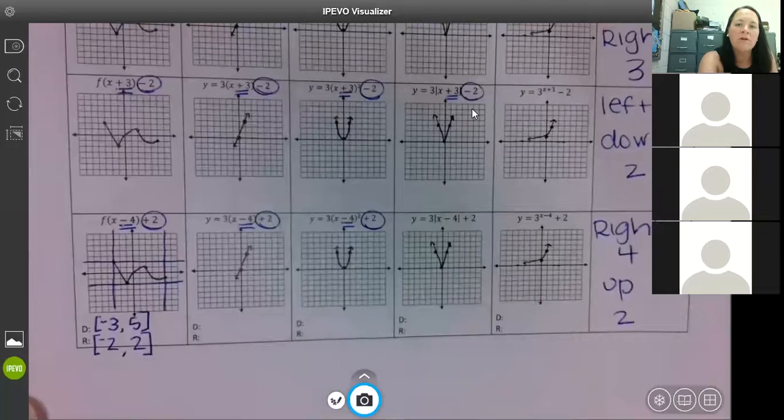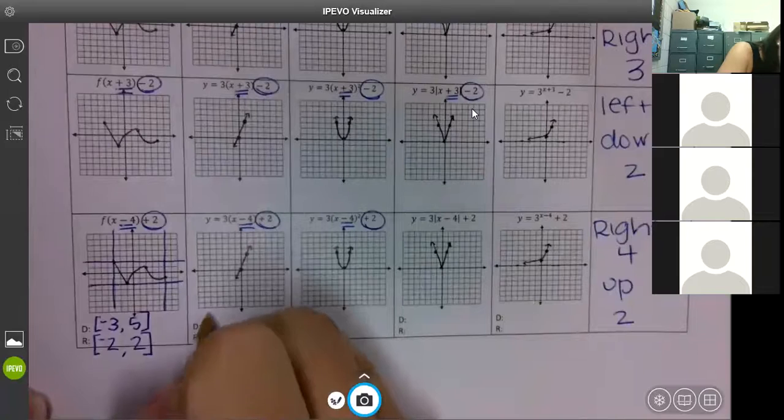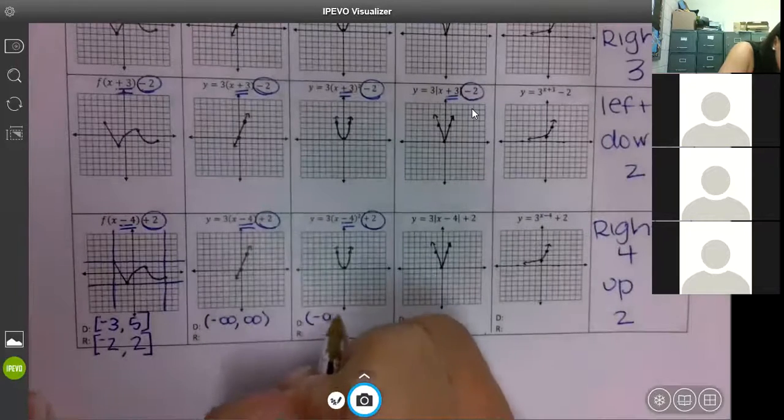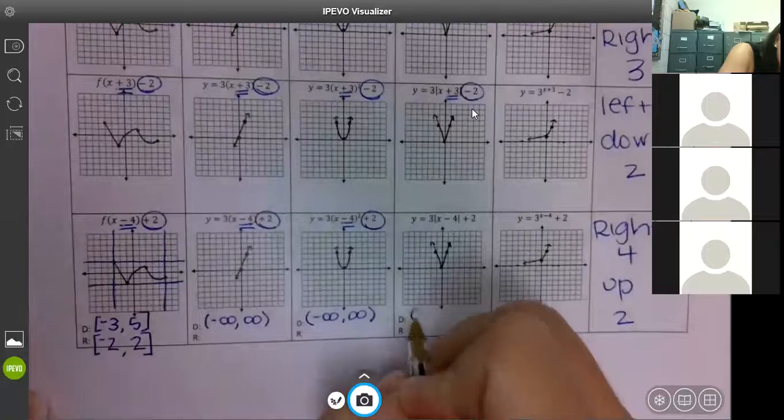What are all of their domains? They all have arrows on the left and right, correct? Negative infinity to positive infinity. Make sure that it's in parentheses because it's a direction, not a real number.